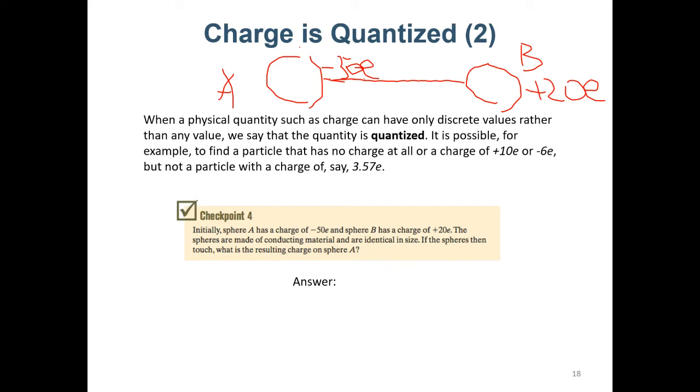So what is the resulting charge on sphere A? Can anyone tell? The keyword here is identical in size. Identical in size means that after they touch each other, the charge will be equally distributed on both of the spheres.